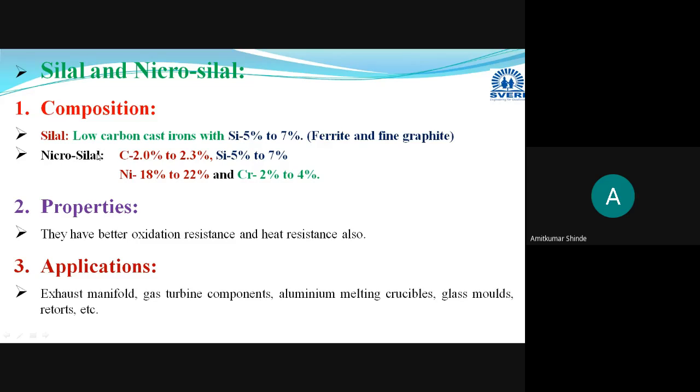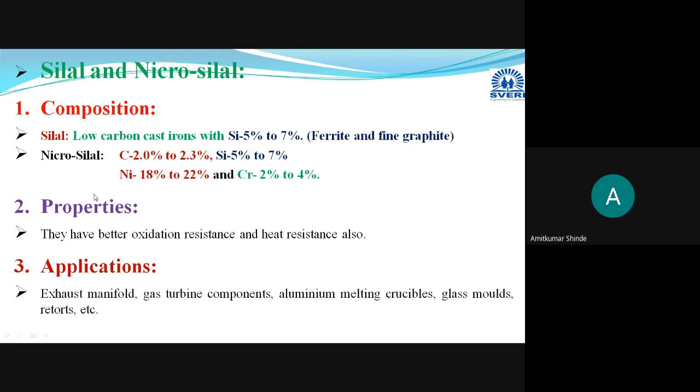In silal, we have low carbon cast iron with addition of 5 to 10% silicon only, and in nicrosilal we add nickel and chromium. I have taken here the composition of nicrosilal, the total composition. For silal, we have to eliminate the nickel and chromium elements.